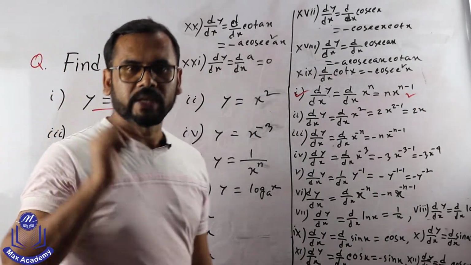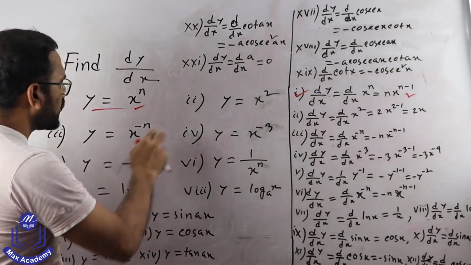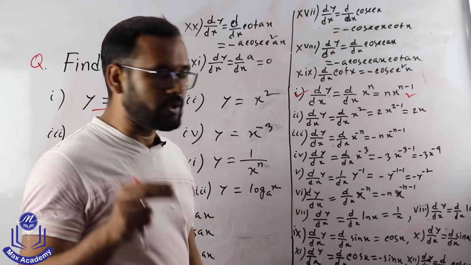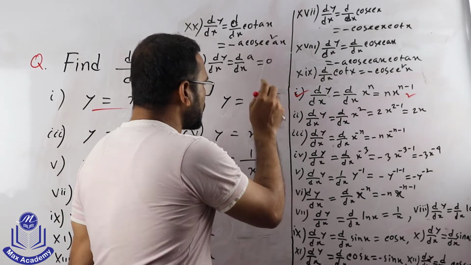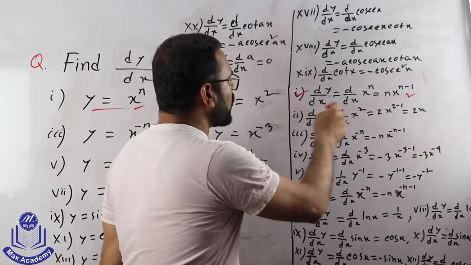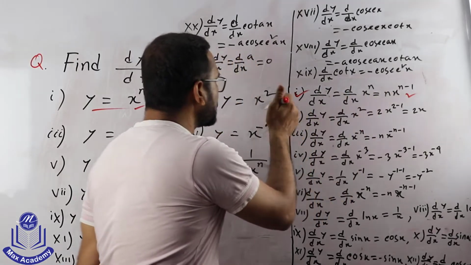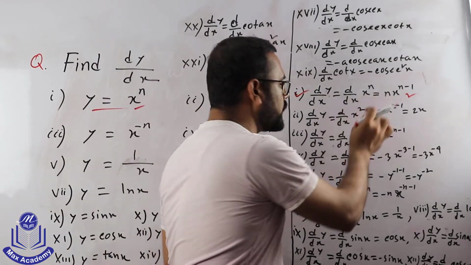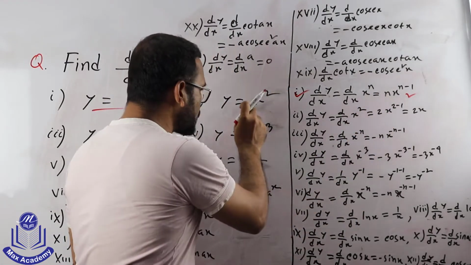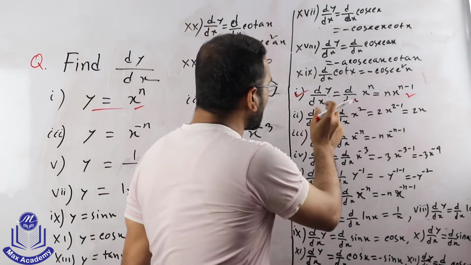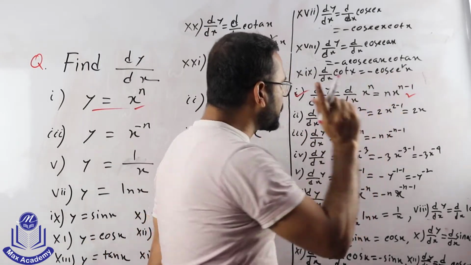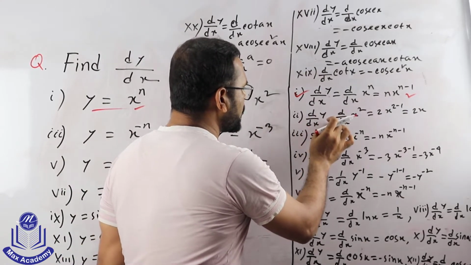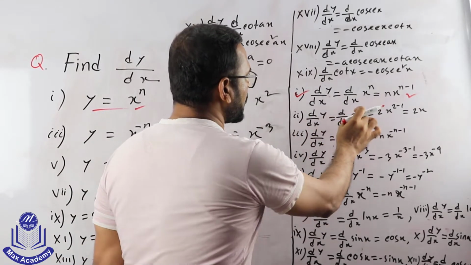Now for the second question, here it is y is equal to x square. So we need to find the solution of this question. Here in replacement of n there is only 2. Then as per the previous one, we need to calculate this question. Just replace n by 2, then you will get the result easily. d/dx of y is equal to d/dx of x square.